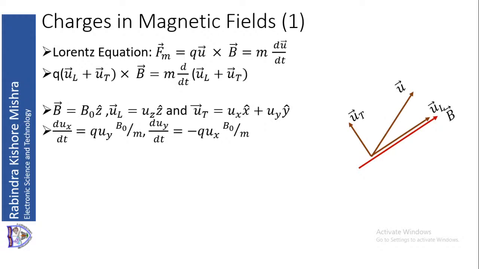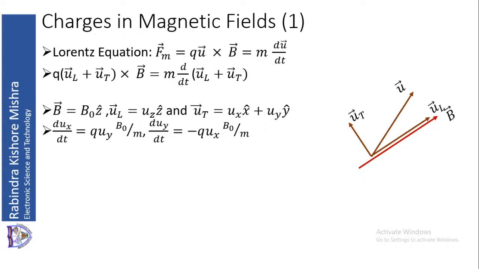Now in this particular situation, let us find out what dux upon dt and duy upon dt will be. How to find that out? Dux and duy together combine to give us ut, and dut by dt will be dux by dt x cap plus duy by dt y cap.